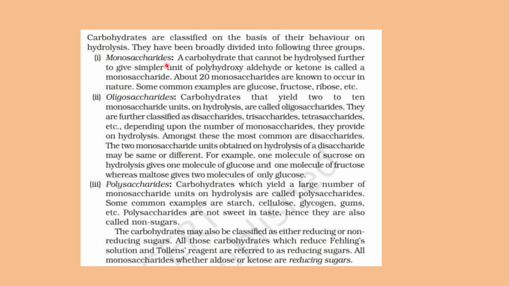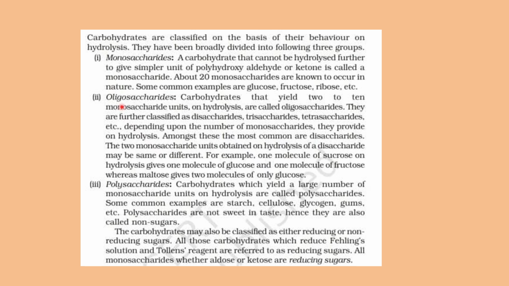The first type is the monosaccharide: those carbohydrates which upon hydrolysis do not break down further to produce simpler units are known as monosaccharides. For example, glucose, fructose, ribose, etc.